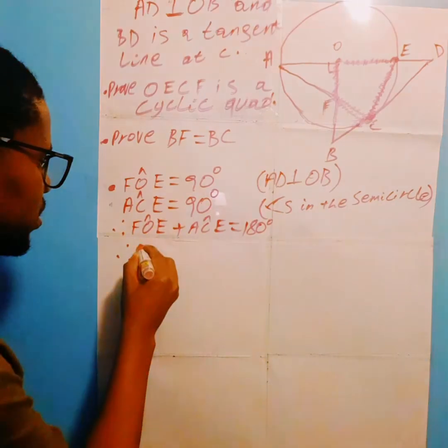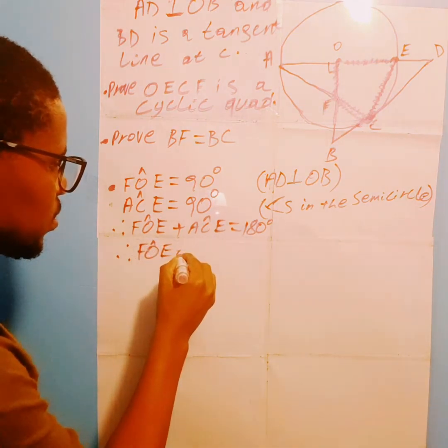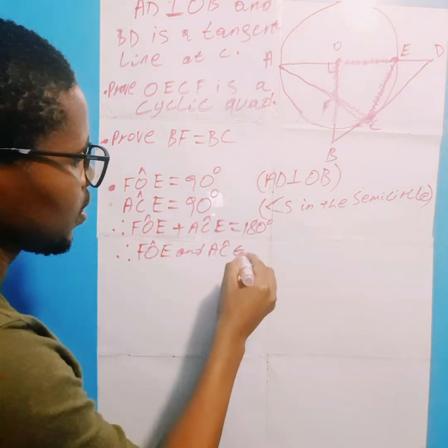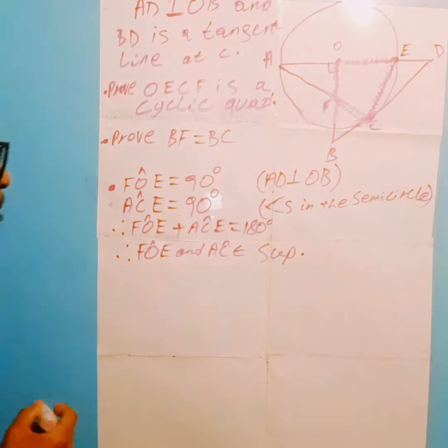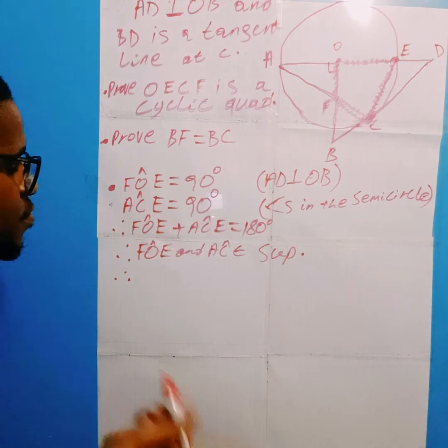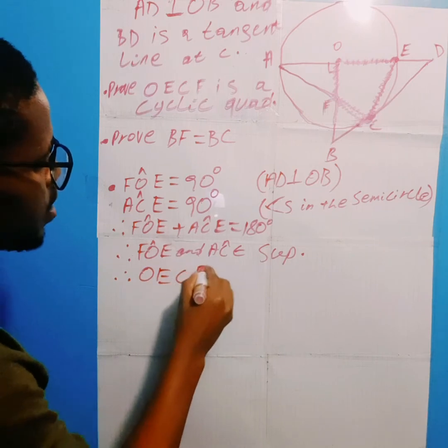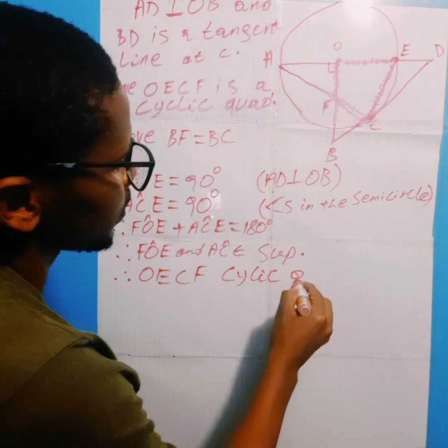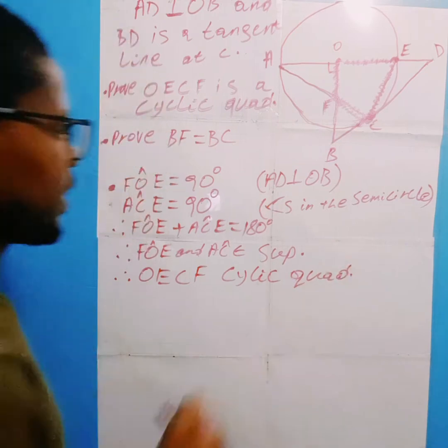Therefore, you may conclude that these two angles are supplementary angles. Therefore, the quadrilateral, this one, is a cycle quad. It's a cycle quad. So we are done there.